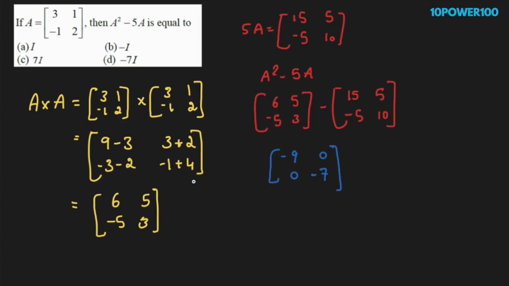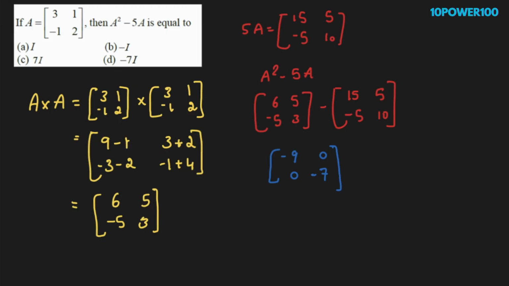5 3s are 15. 3 3s are 9. 1 into, oh, I made a mistake here. Sorry. It is not minus 3, it is minus 1, right? 1 into minus 1, so it becomes minus 1. Yeah.